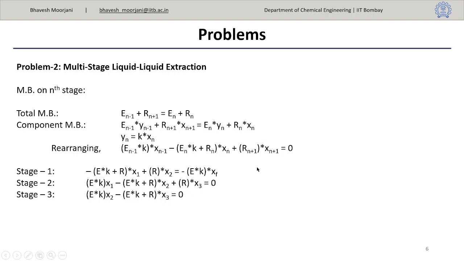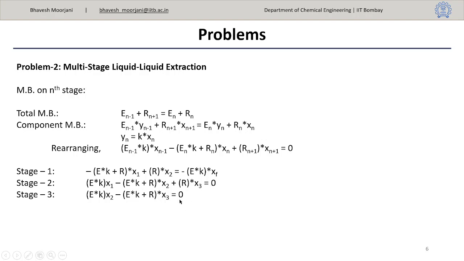For third stage you will have X4 value. Now since X4 is raffinate coming from the fresh solvent that is coming, right? So in that case your x4 will be 0, so the last term here is not there, so you have only 3 stages and the corresponding compositions x1, x2 and x3, right?